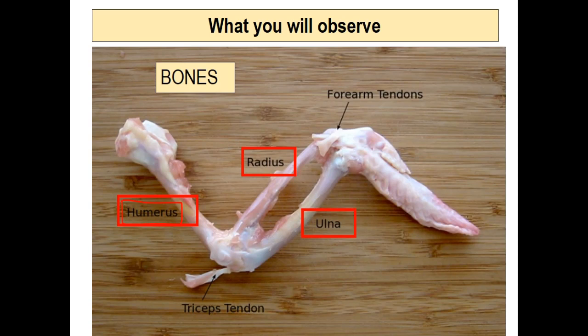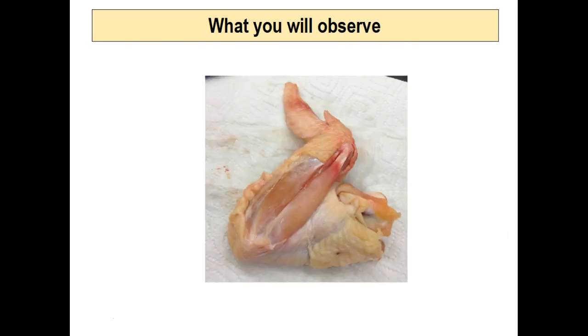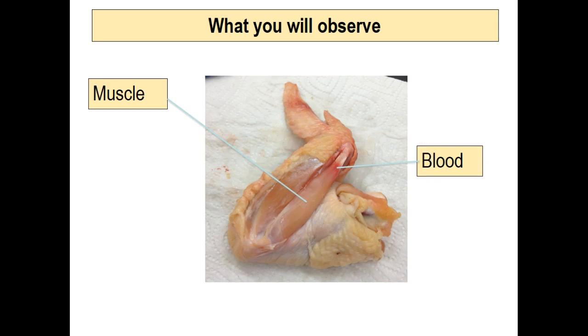Okay, and so we will also observe muscle, and the muscle is the part that we normally eat. Of course, we cook it first, and you can see blood there, that little red area, and you can see the skin. Okay, so you will observe all of those things in the chicken wing.